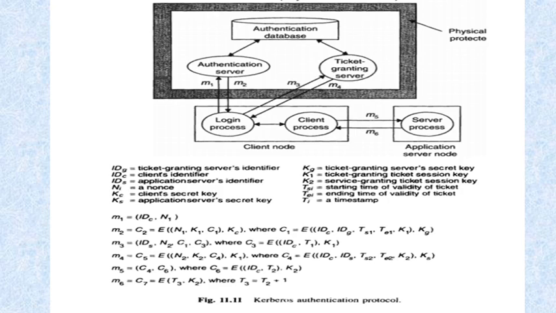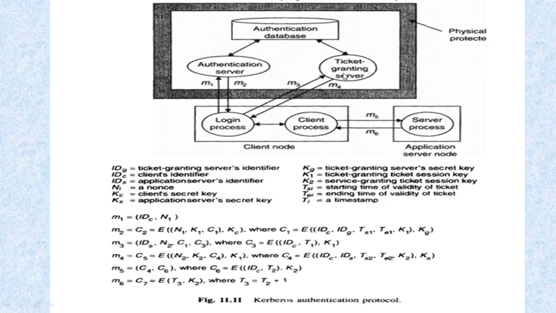Again, I am repeating. This is the Kerberos server consisting of three parts. This part consists of the database, that is, user ID and passwords of all users and servers. Another one is the authentication server, which verifies the user identity during login time.